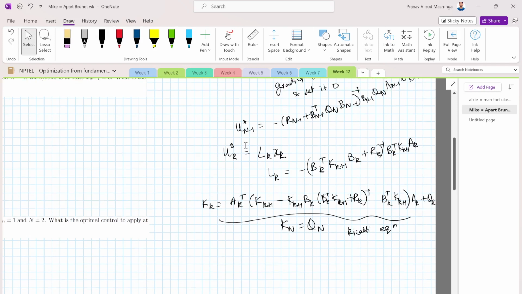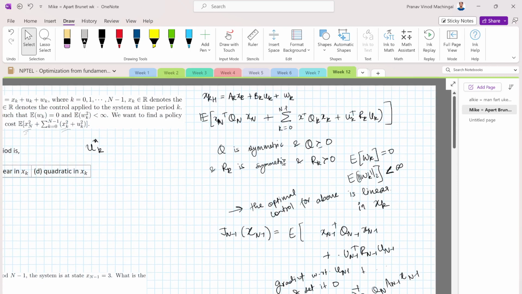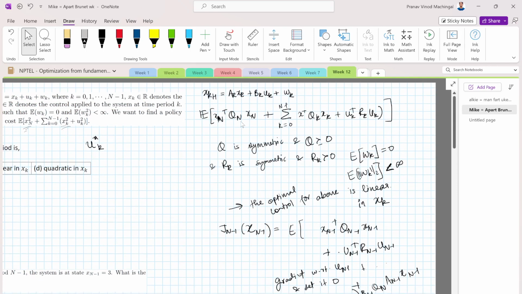So the main point is this u star k is linear in xk, and this lk is defined by all these terms, q and qk, rk and everything. Here you can see this q is not dependent on k, q is same throughout. For all k it is identity.